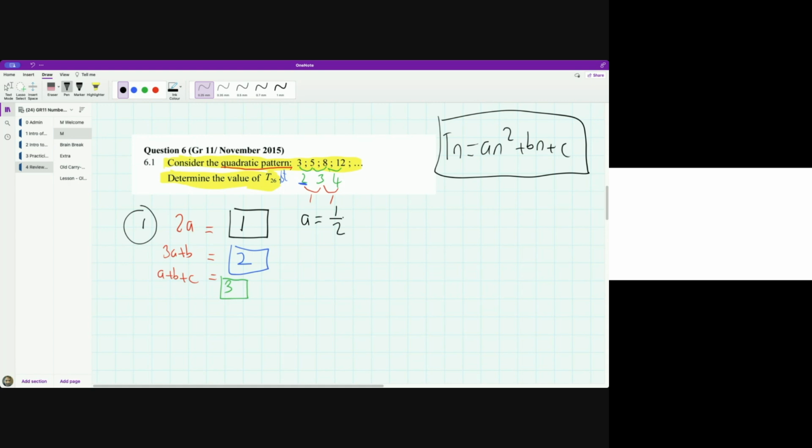Now, how are we going to take this A and find out B? We're just going to sub in a half where there's an A. And then if this is 1.5, and I bring it to the other side, B is going to be a half as well. Because 3/2 is 1.5. Bring it across, it's subtraction. Now, how do I figure out what C is?